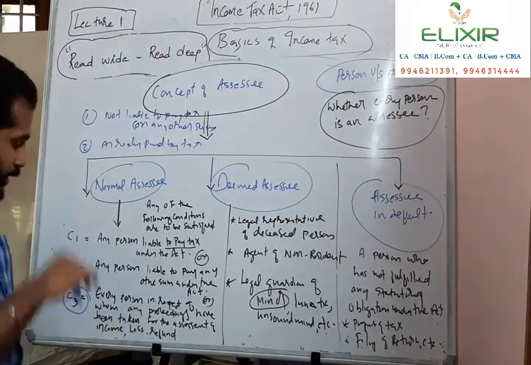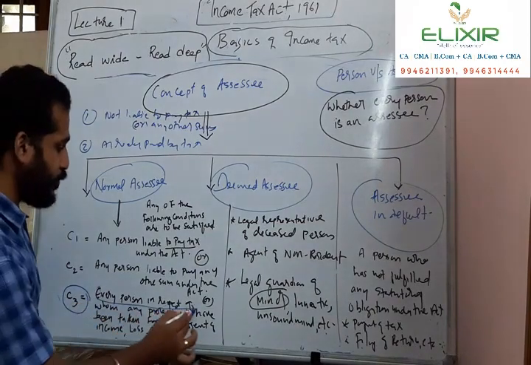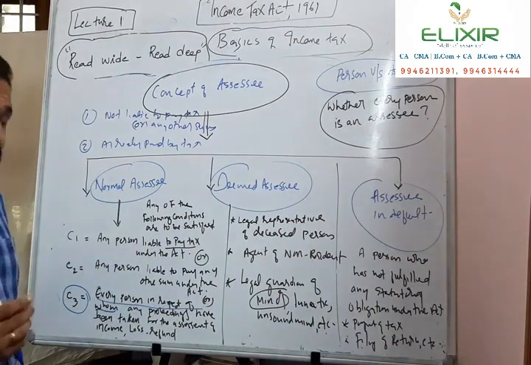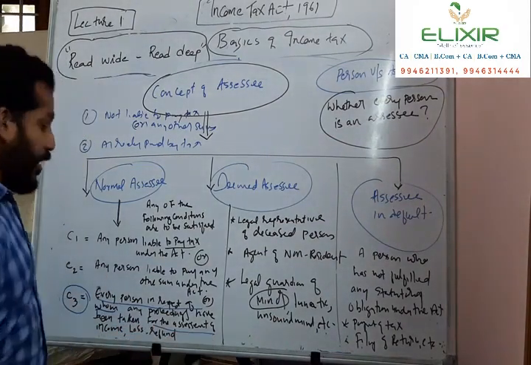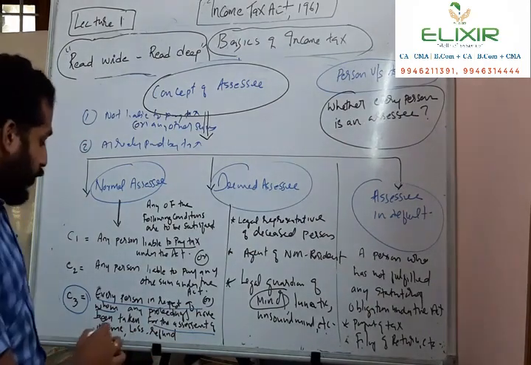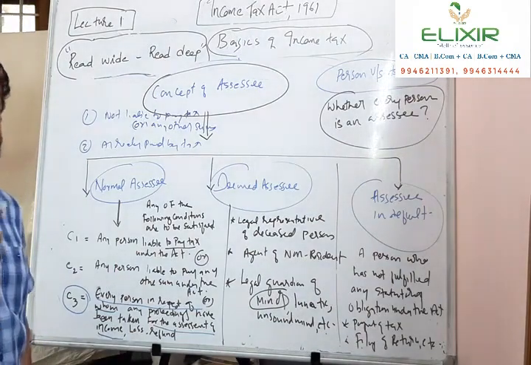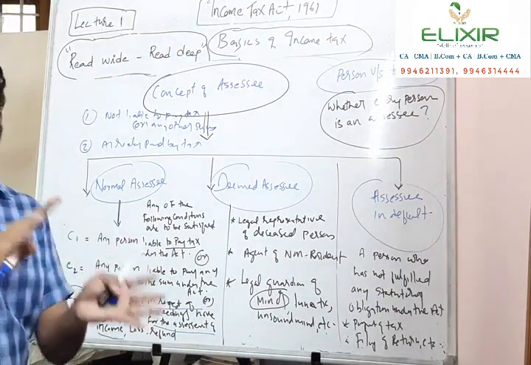Let us examine the third condition. Every person in respect of whom any proceedings have been taken for the assessment. If the income tax department, who will assess? The income tax department. What is the purpose of our Act? Assessment of income.